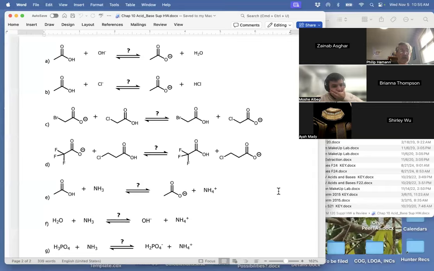Okay, look through these and see if you know which side the equilibrium is on. So we look for the side with the stronger... And if you want to, you can draw reaction arrows just for practice.